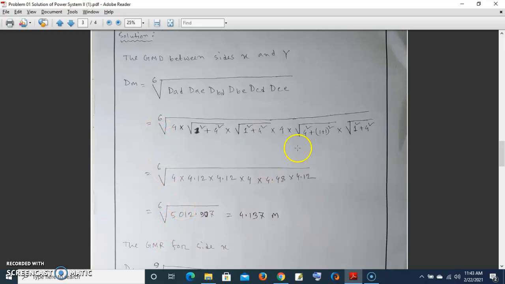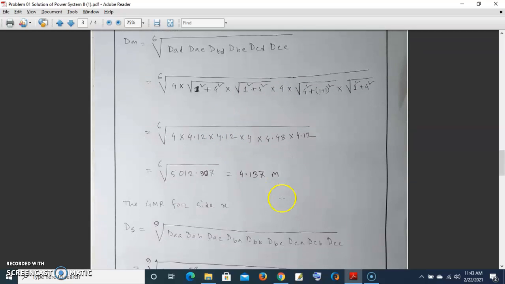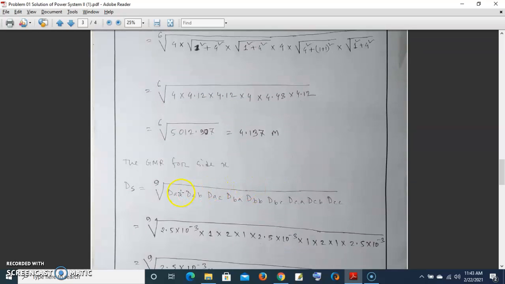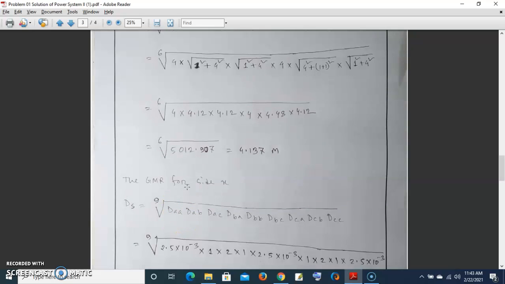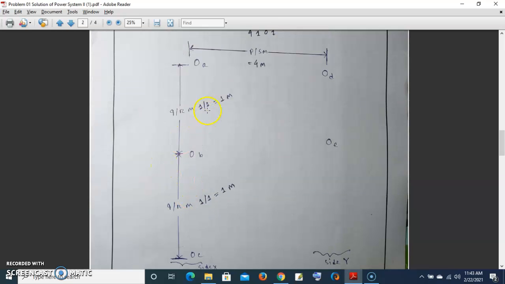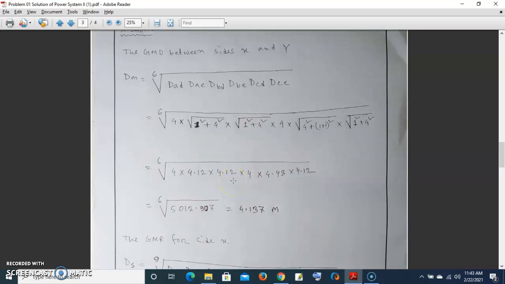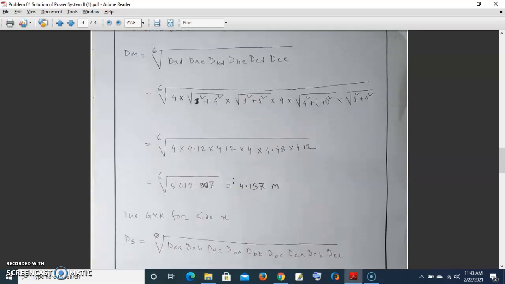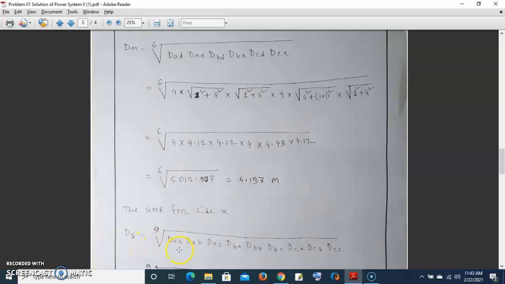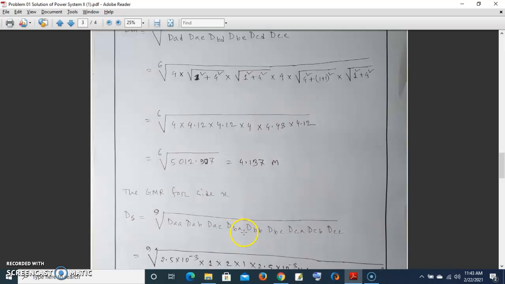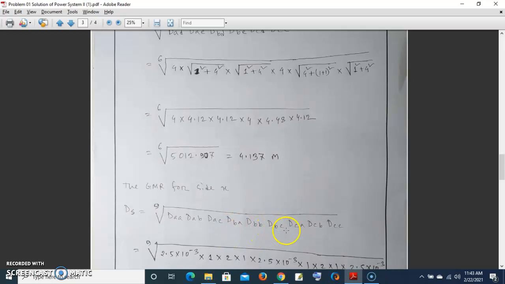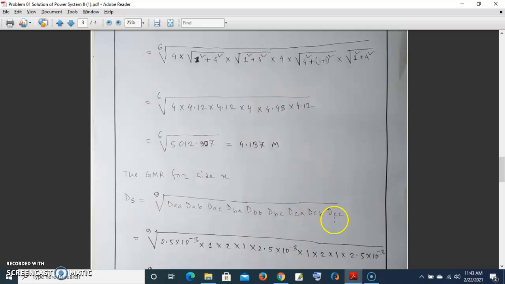The GMR for side X, DS. Here side X has 3 points, A, B, C, so we get the ninth root of DAA, DAB, DAC, DBA, DBB, DBC, DCA, DCB, DCC.